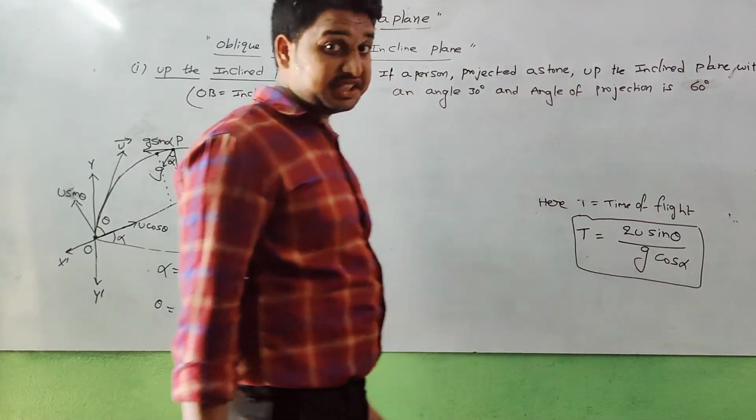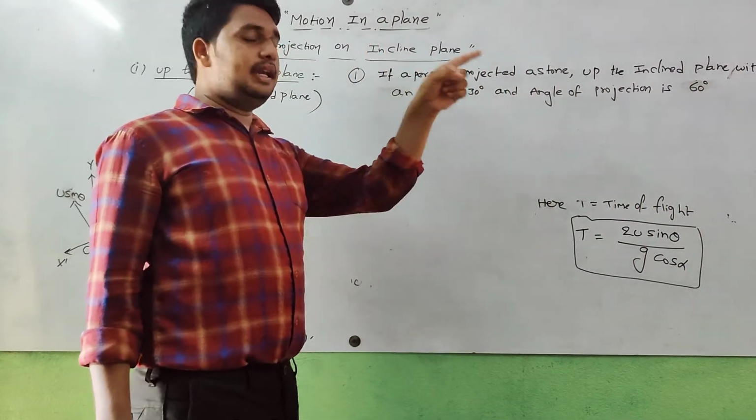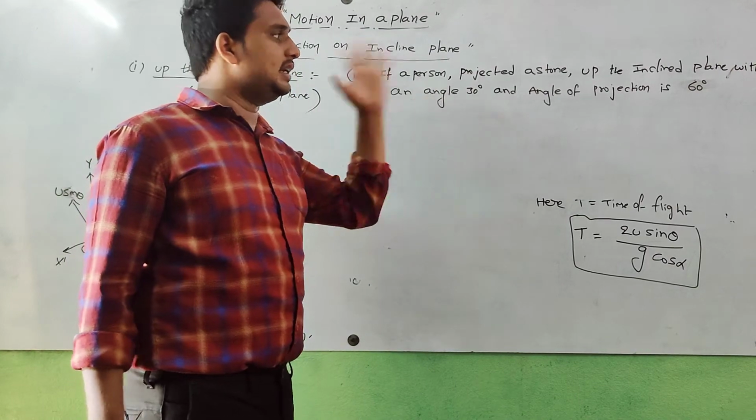The angle of projection is 60 degrees and the inclined plane angle is 30 degrees.